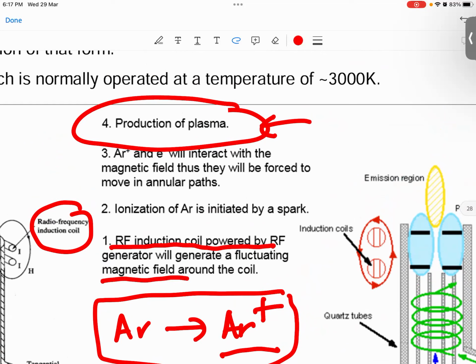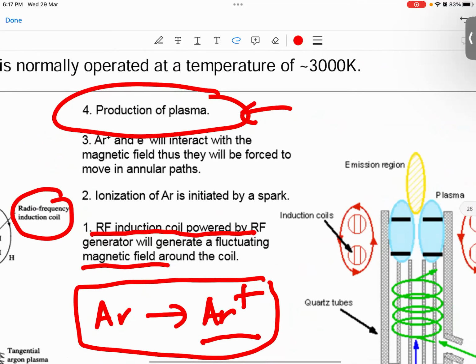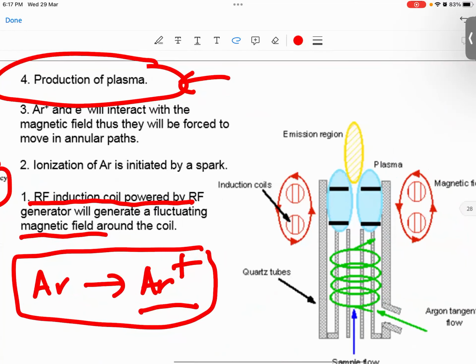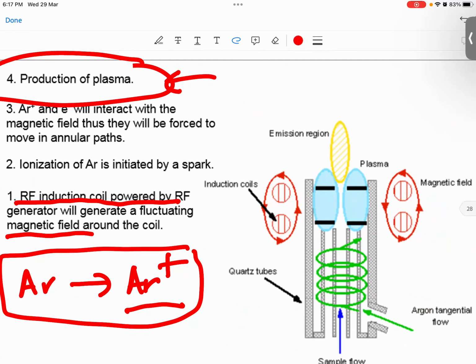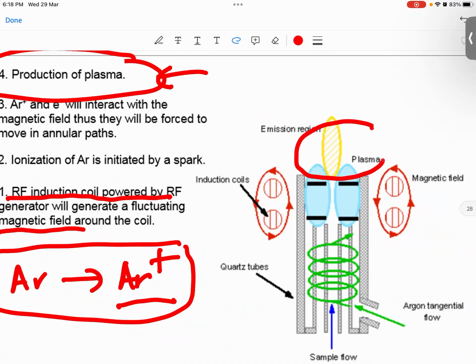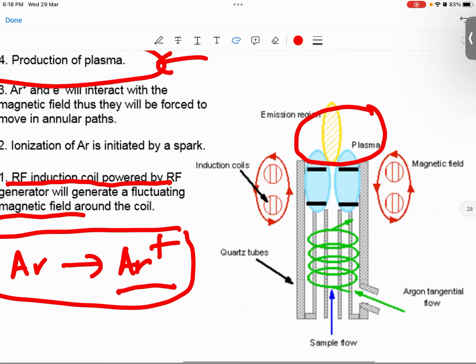Okay, that will generate the argon ions, and these argon ions will generate a high temperature, high energy area called plasma. So this plasma, you can see here the setup.